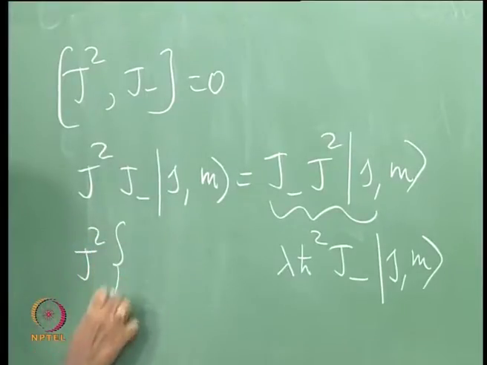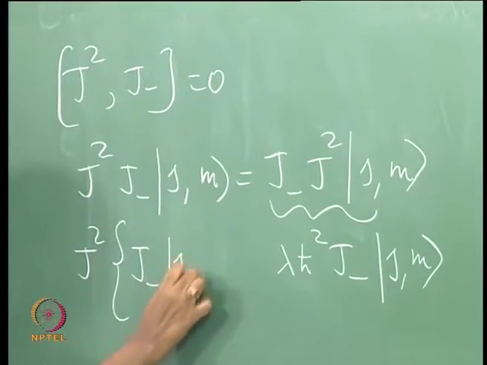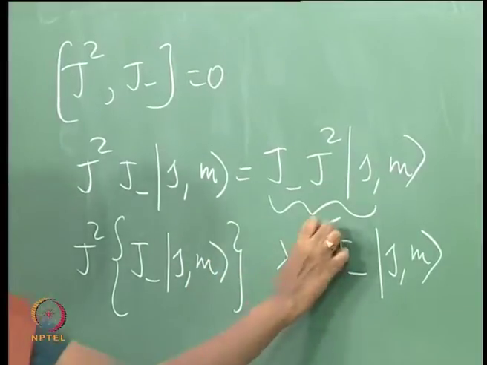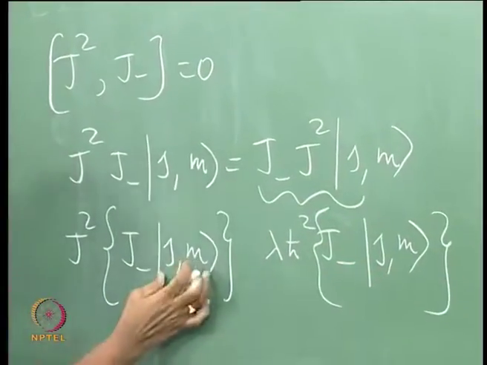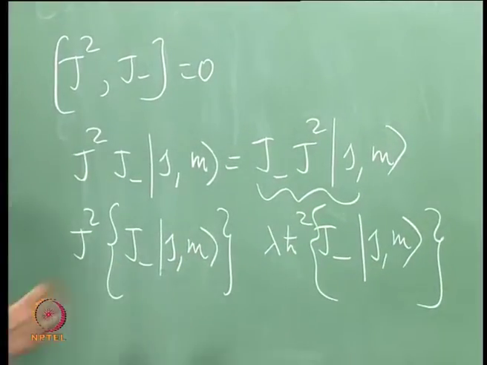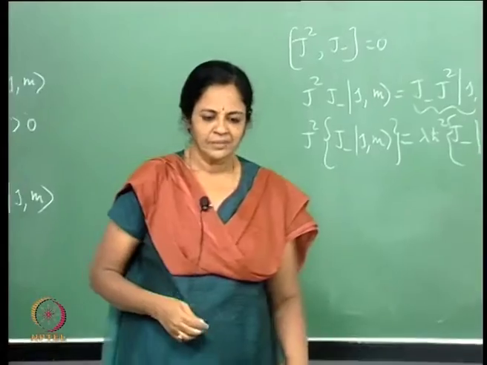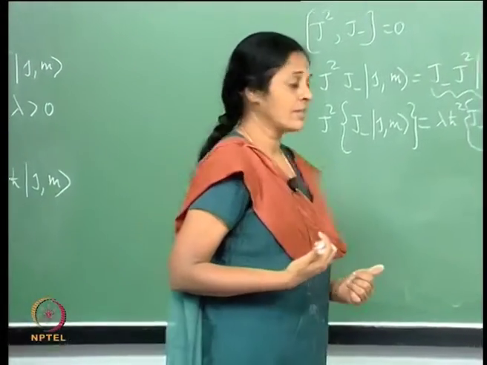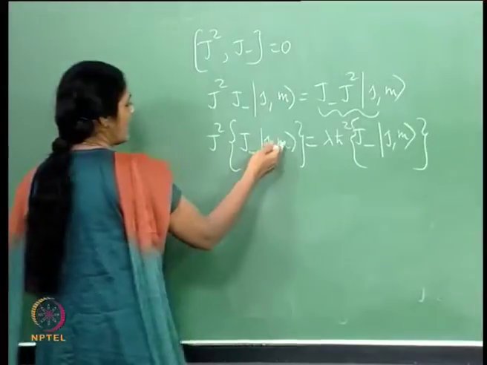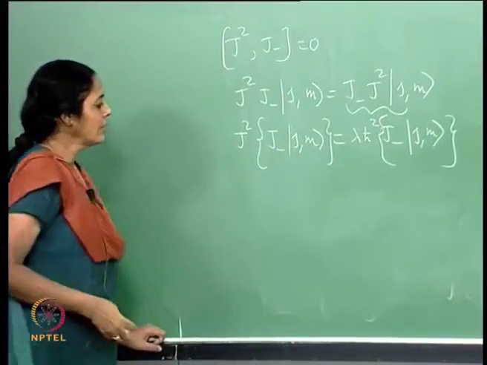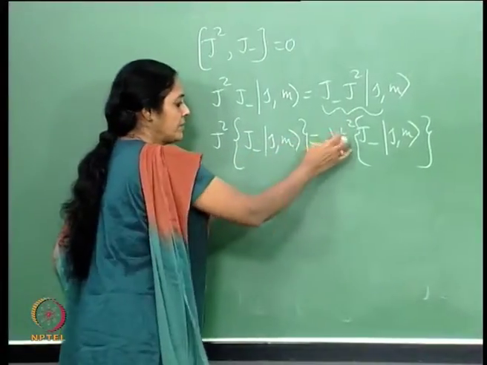Hence, I see that the state J minus |j, m> is an eigenstate of J squared with eigenvalue lambda h cross squared. In other words, I have shown that J minus acts on the state |j, m> without changing the eigenvalue.